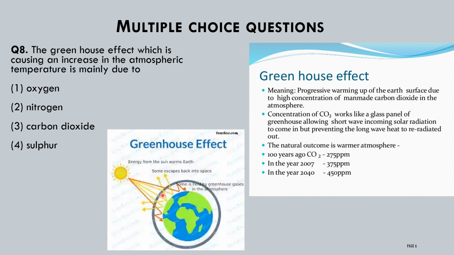It will prevent it here only, and it will trap the radiation. Because of this process, the temperature of the earth increases. Therefore the correct answer for this question is that the greenhouse effect, which is causing an increase in atmospheric temperature, is mainly due to carbon dioxide gas.